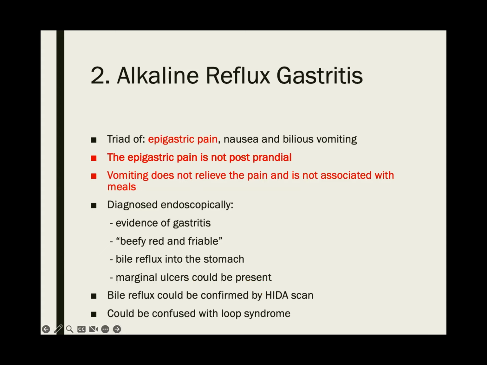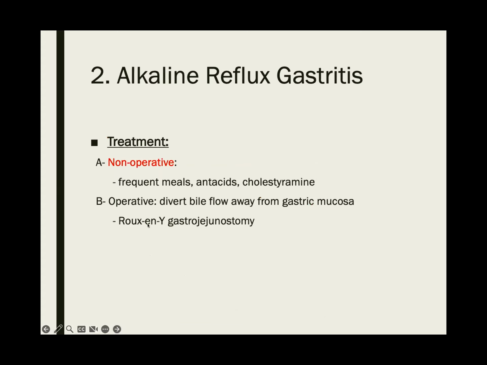All right. So the diagnosis endoscopically and all of that, you don't have to know. About the diagnosis and surgical management, you don't have to know as well. So bile reflux can be confirmed by HIDA scan. This is not important for you. Treatment.